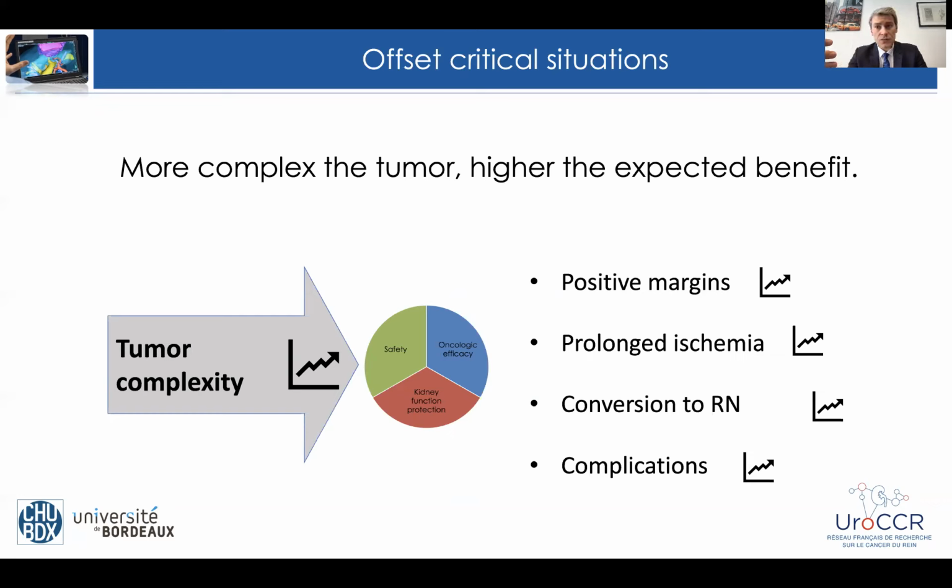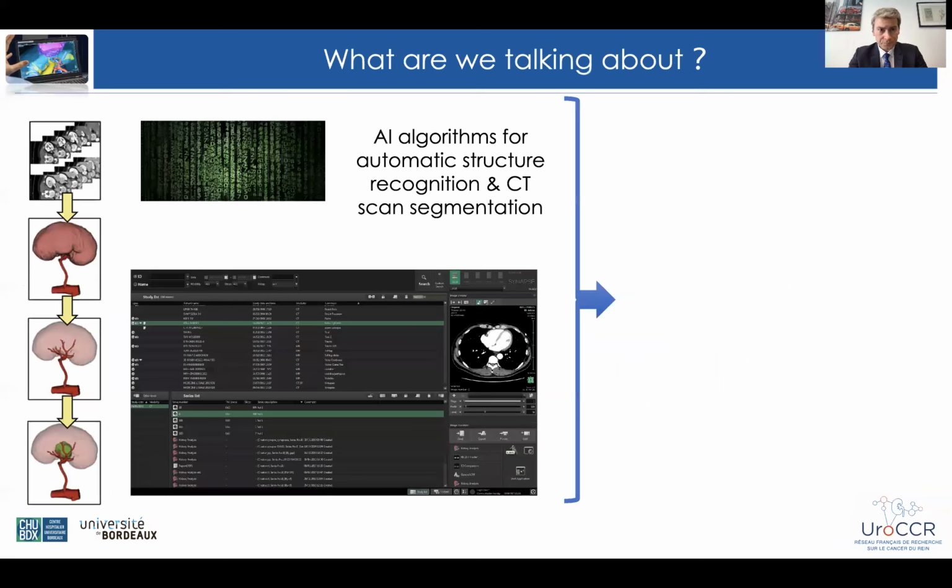We know that we will have a higher risk of positive surgical margins, a higher risk of prolonged ischemia, a higher risk of conversion to radical nephrectomy or to open surgery, and also an increased risk of intraoperative and postoperative complications. And so these situations will certainly benefit from this kind of tools.